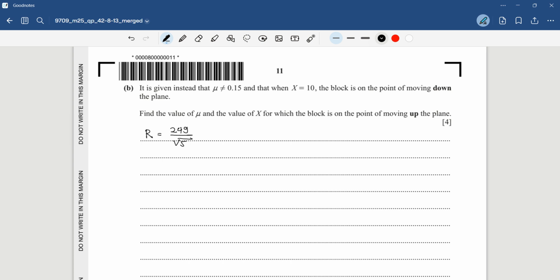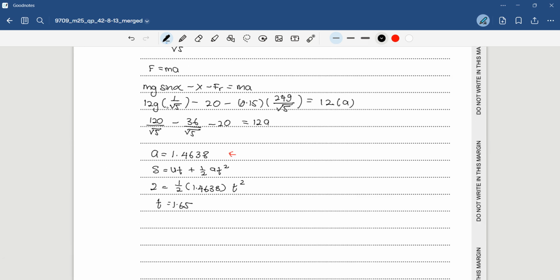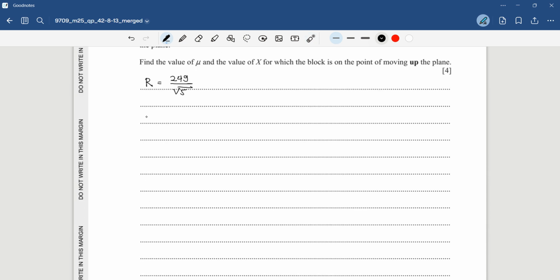For horizontal, I can set my net force equal to 0. It's the same thing as here, but I put this side as 0.